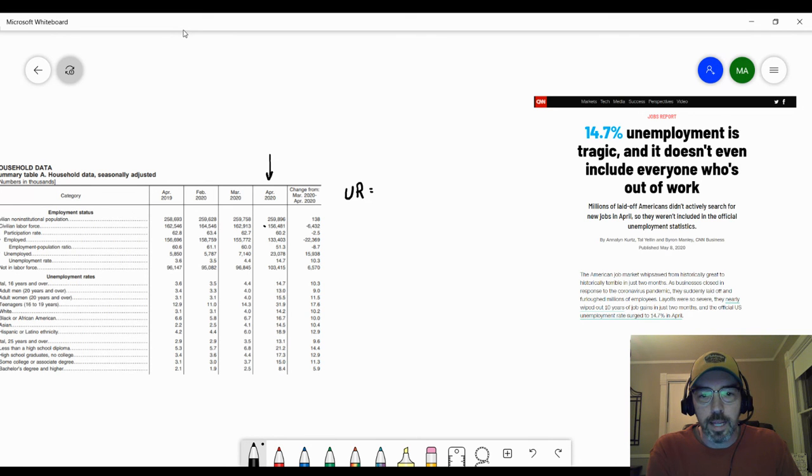Now this is a percentage, and the way we calculate it is we take the number of unemployed and we divide it by the labor force. But let's be specific. What's in the labor force? The labor force, again, is everybody who's employed and everybody who's unemployed.